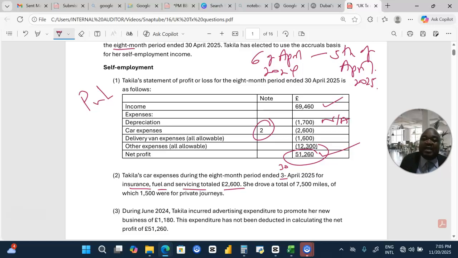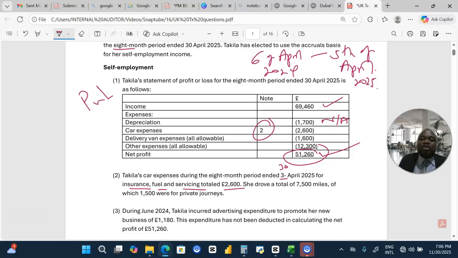So the accountant simply deducted the full 2,600, ignoring the fact that some of the costs were attributable to private journeys. So let us remove, or when I say remove from expenses, I'm simply saying you need to add back. You are adding back to income so that such private journeys are taxed.